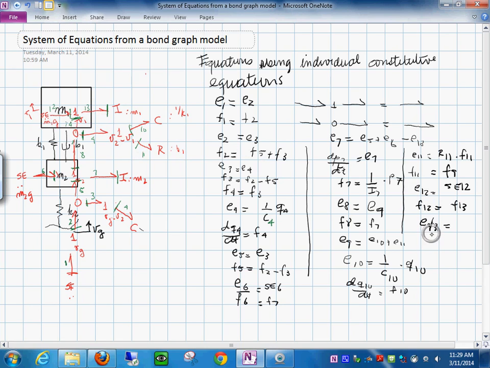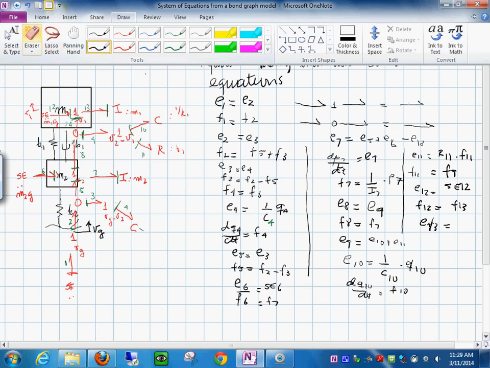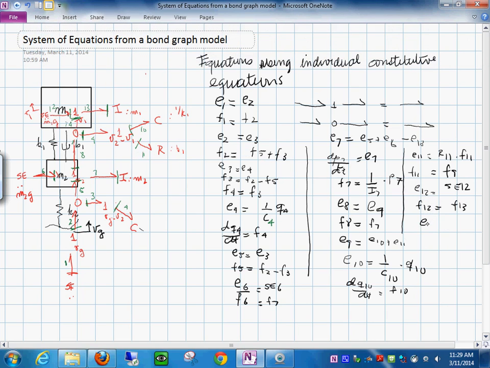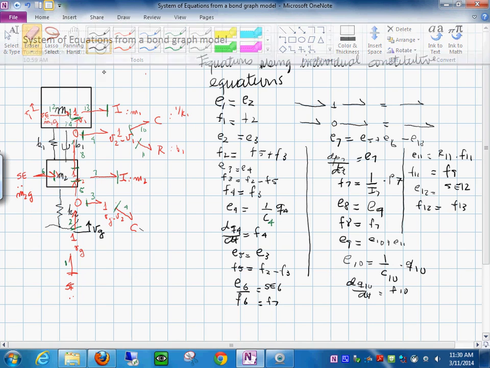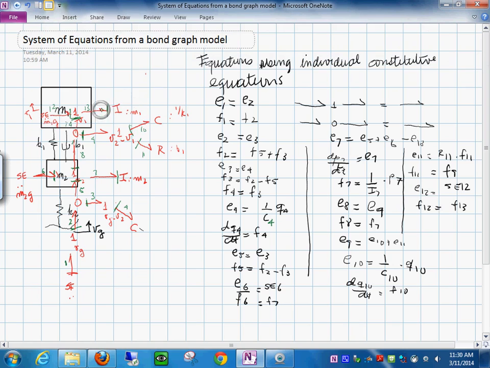That's in the integral form of the I element right there. So we need to write the equations accordingly. So this is F13 is equal to 1 over I13 P sub 13. So we have the 13 done.